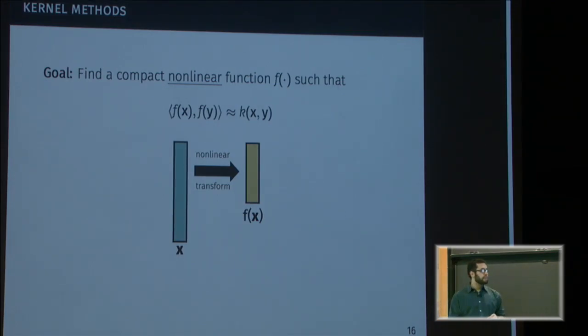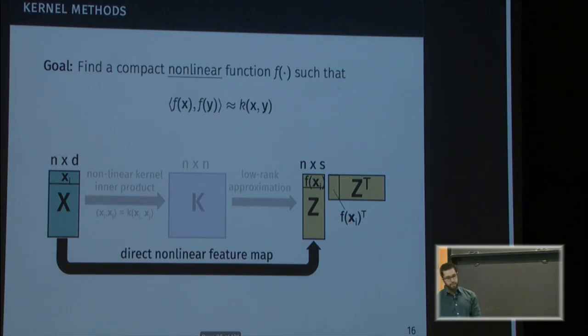As the professor just mentioned, we can view this as trying to do some nonlinear feature map that's different than phi and much more compact, but still approximates that kernel dot product K of x, y. We're trying to take our data vector x, compute some nonlinear function of it to form some new data vector, such that f of xi transpose f of xj approximately equals K of xi, xj.